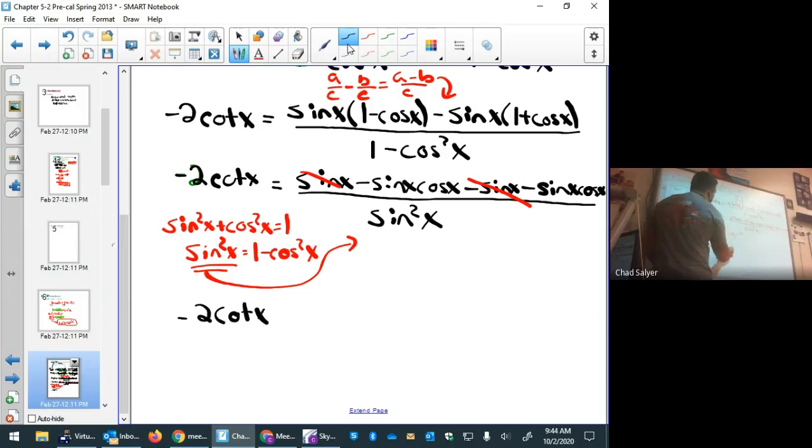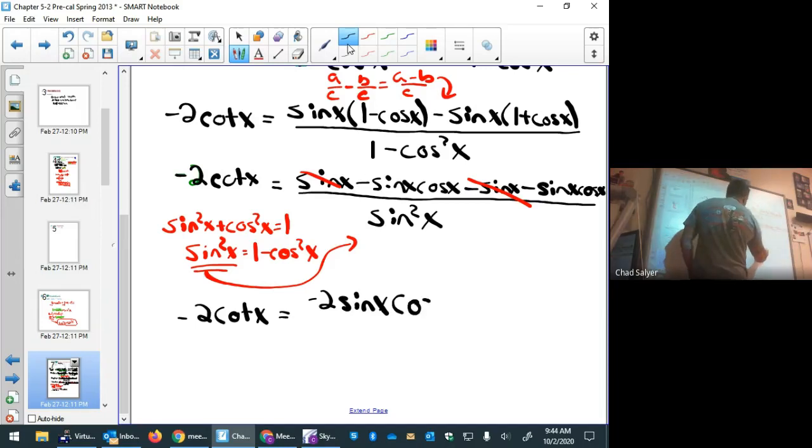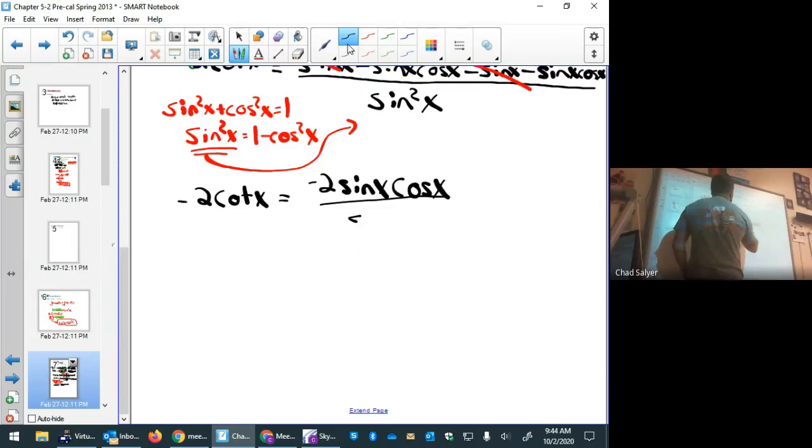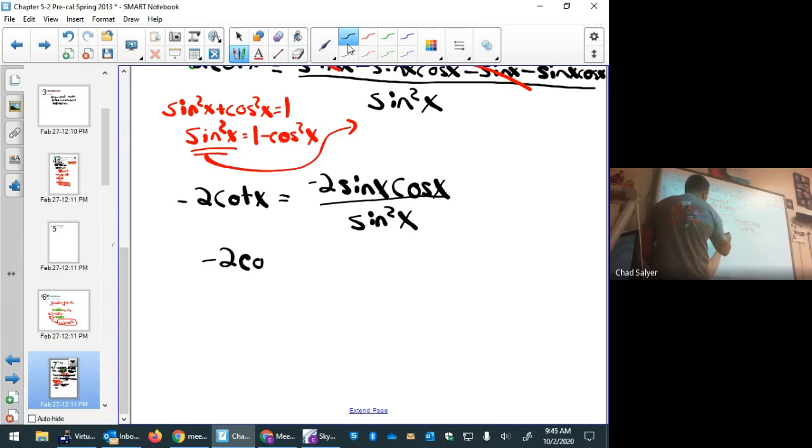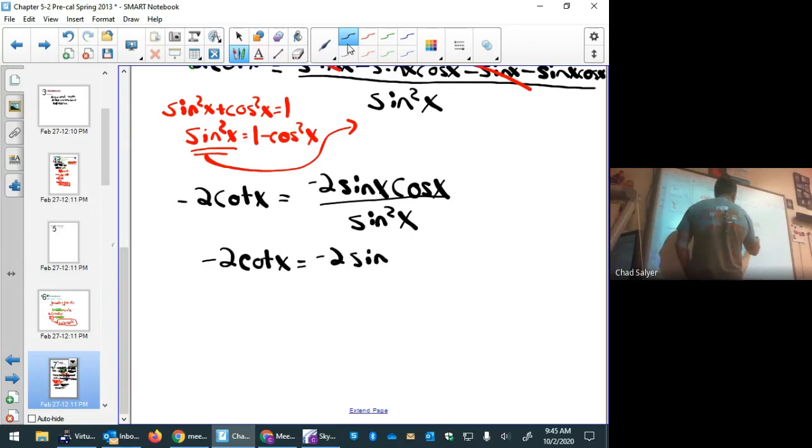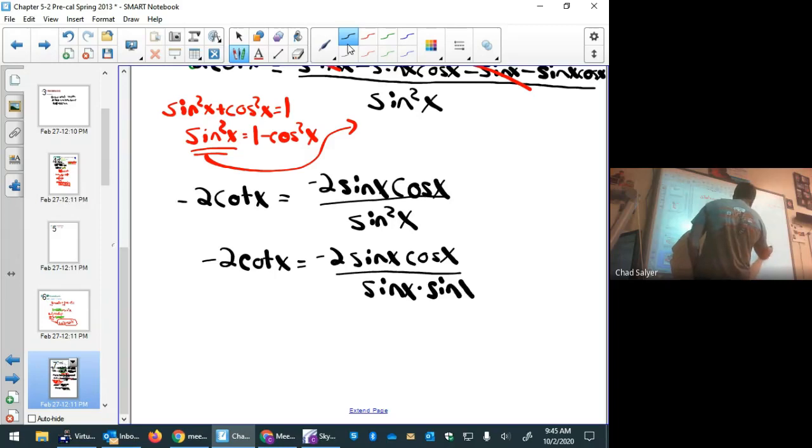-2 cotangent x equals -2 sine x cosine x over sine squared x. So another way to write sine squared x is sine x times sine x.